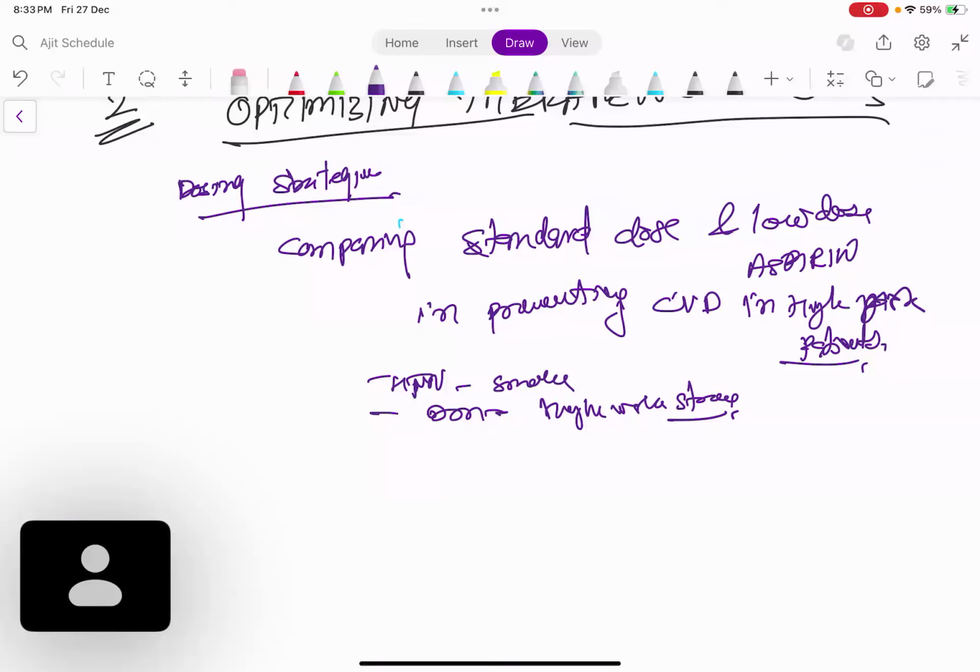If I want to compare the standard dose versus low dose of aspirin in preventing cardiovascular disease, how would you compare? What would you compare? Come on, tell me what type of study you can do, guys. Fast. Comparative studies. Wonderful. What is comparative studies?